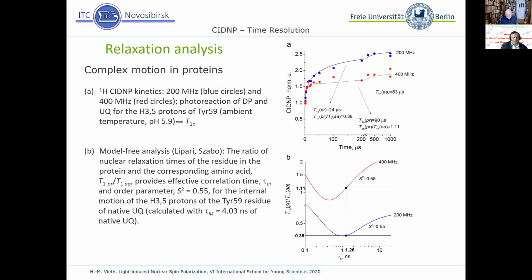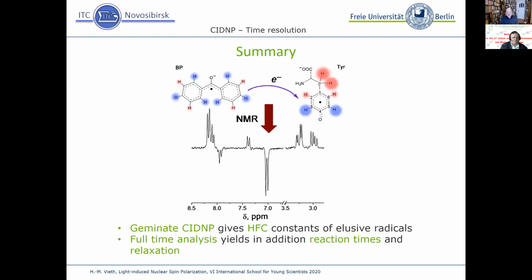You get what's called an order parameter. If you did it, you know what I'm talking about. Otherwise, it is the opening of the cone of this restricted diffusional motion and the timing. This is what you get out in a complex system. So you get reaction time and relaxation from the time.